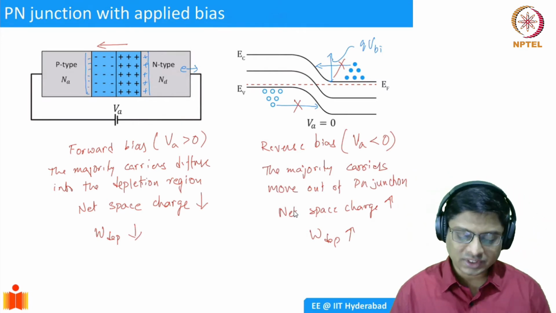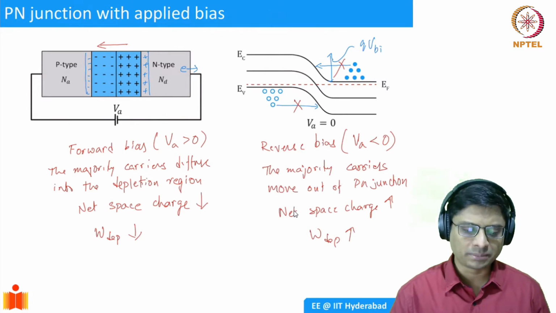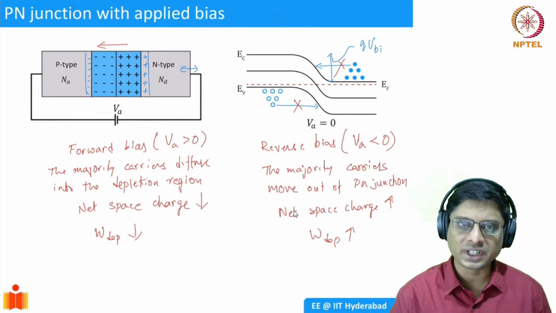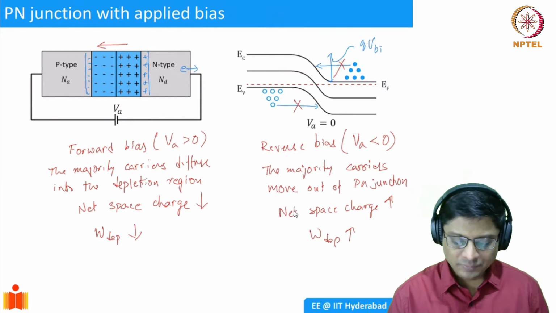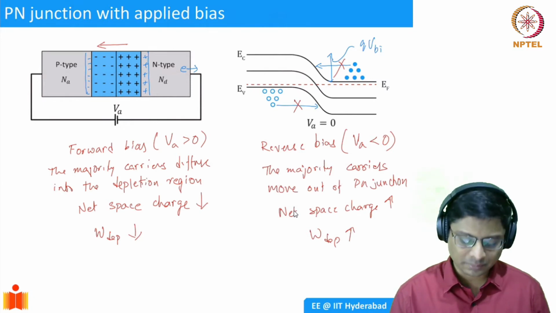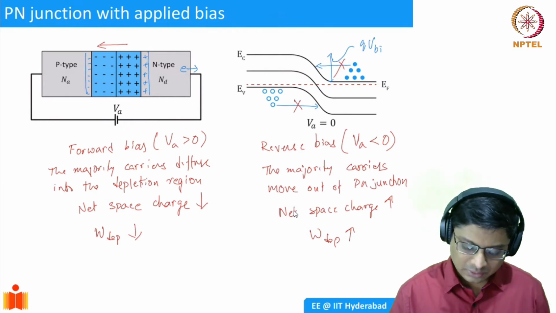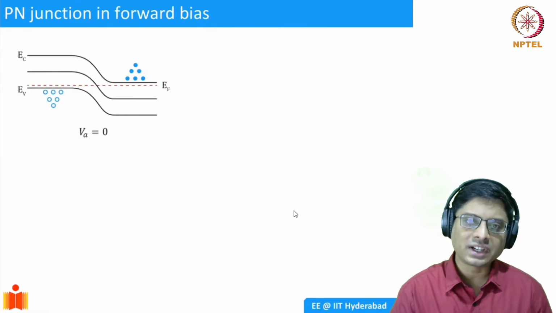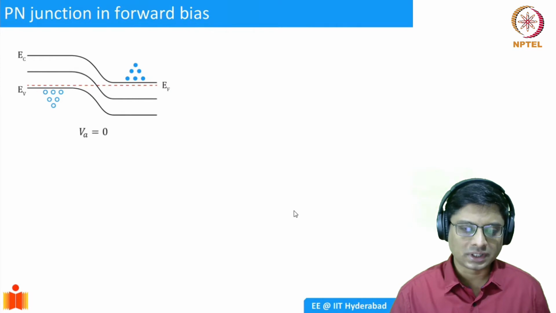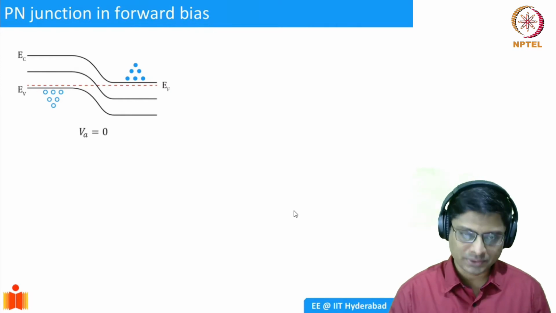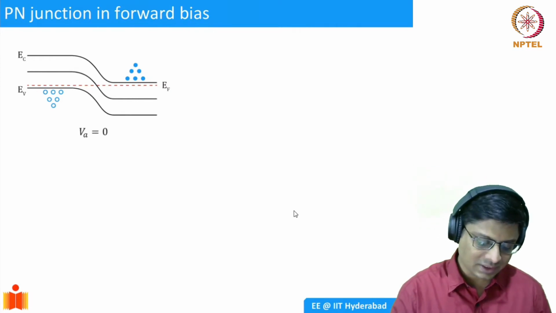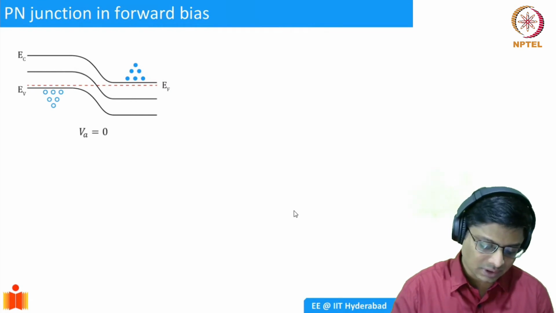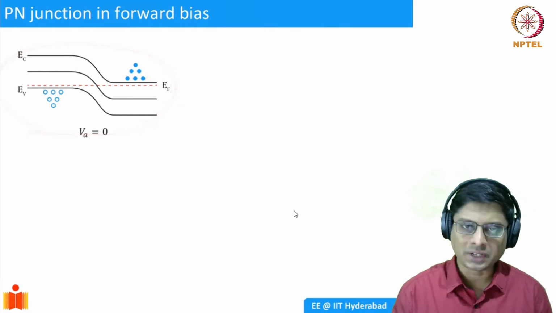Okay, so this is a fundamental principle in the operation of PN junctions. You might have already studied this in some form already, right? So now we want to go a little bit further than what you have seen. So we want to understand this in terms of the energy band diagrams. So we have already seen the equilibrium energy band diagram at no applied voltage, right?